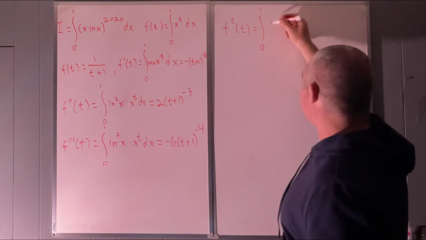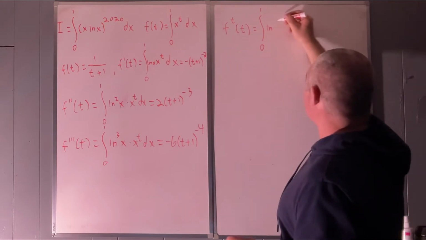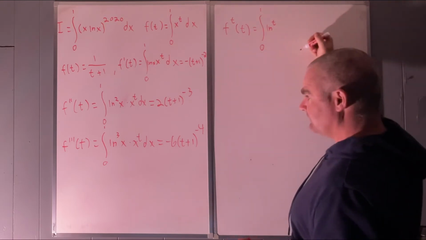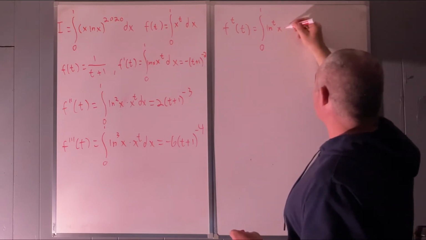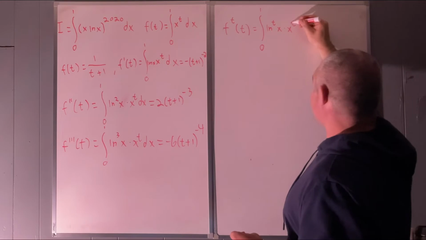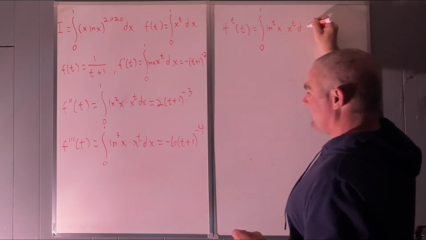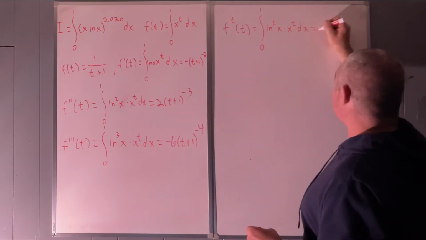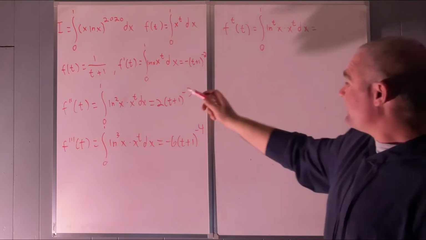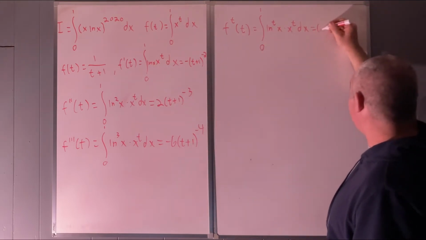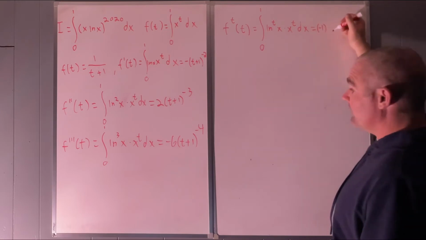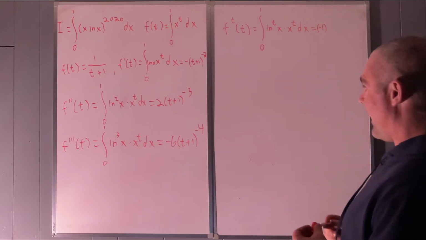So this will be the natural log to the tth power of x times x to the t dx. And that will be equal to, well, let's see. We see that it's alternating positive and negative, so we're definitely going to have a negative 1 to the something power.